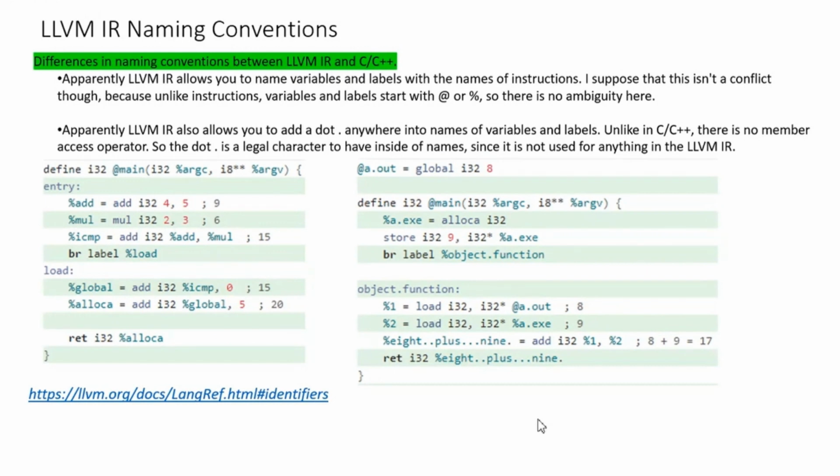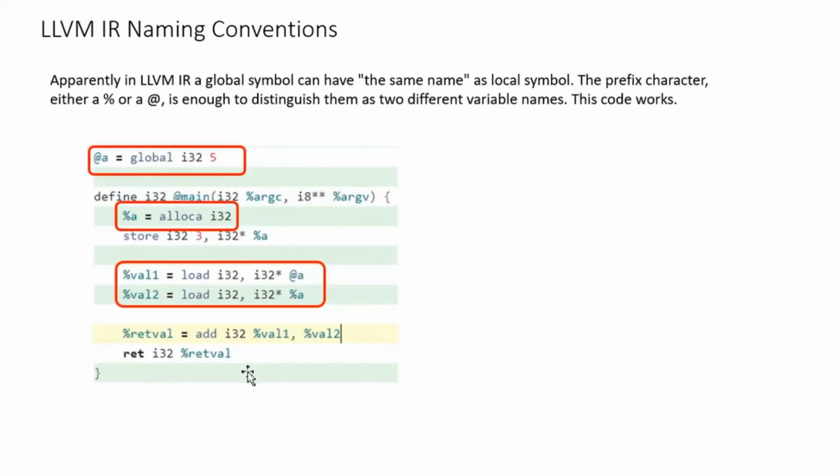Since it is not a reserved character, it is not used for anything inside the LLVM intermediate representation, so we can have dots freely in our variable names. If you click on this link, identifiers, it gives you more information about the different naming conventions. So that's what I found interesting.